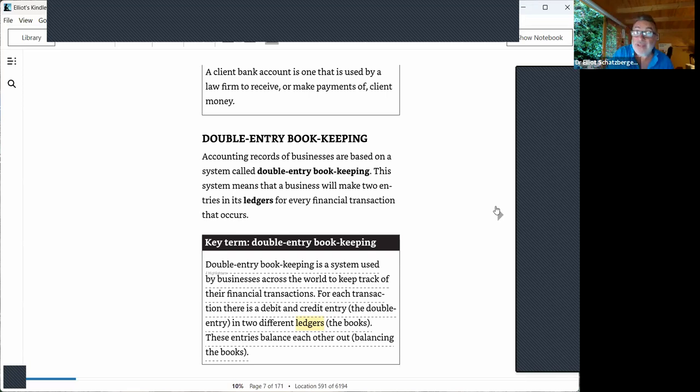Therefore, when money comes in, it gets logged in the client ledger. But where does the double entry come? There will also be another ledger where the entry is double booked, double entered, if you like.